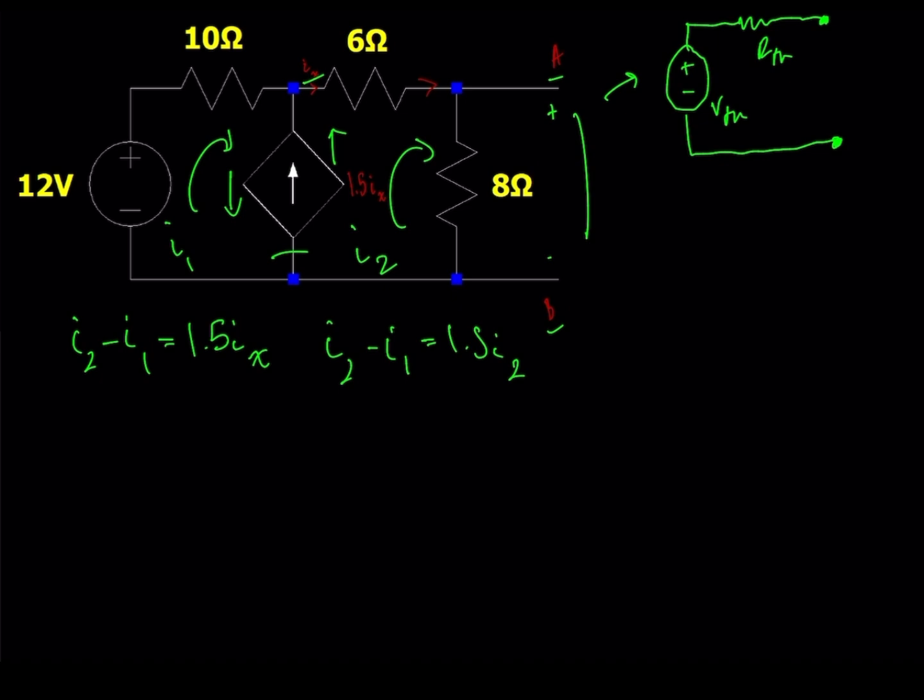The next equation we're going to write is the KVL for this outer loop, which we can write because we can represent the voltages for each of the components on the outside.